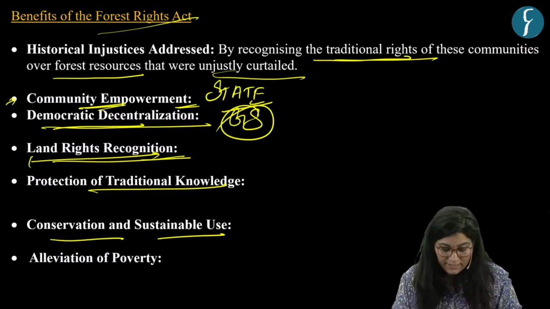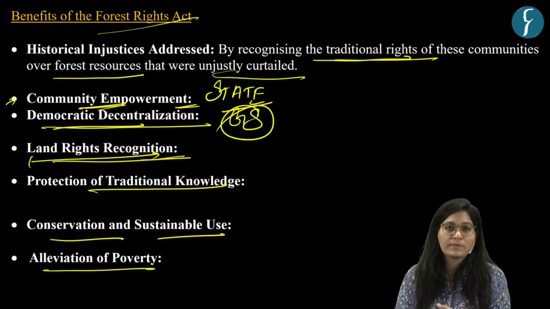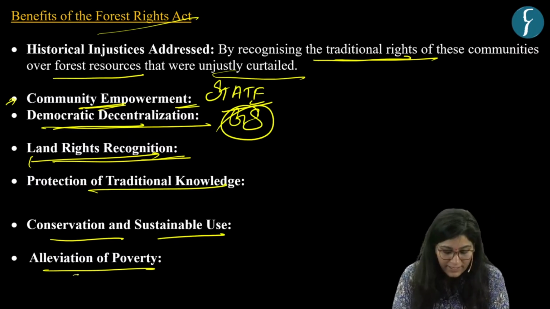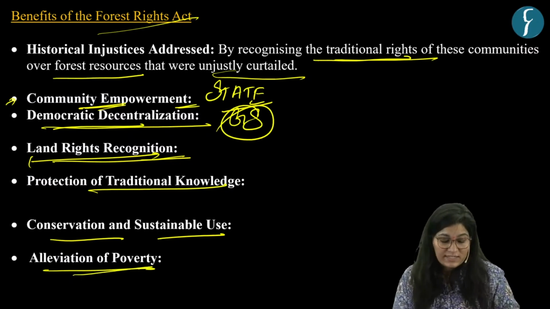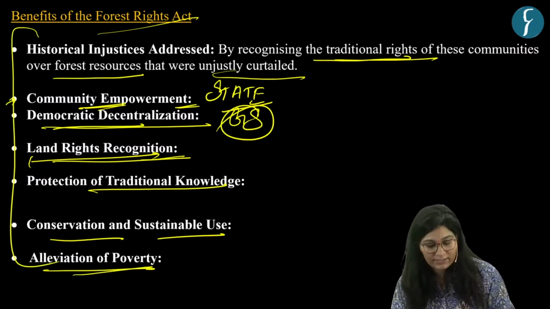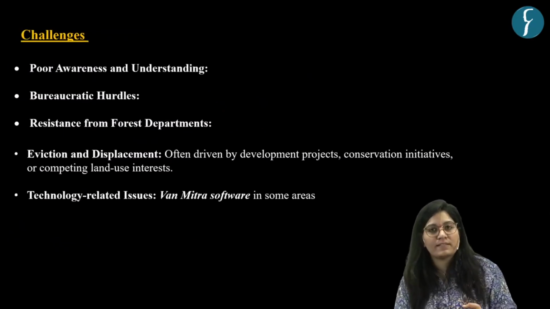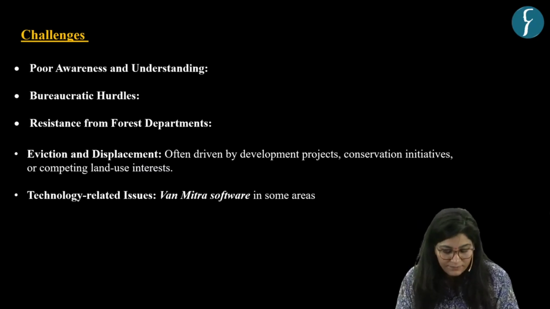Okay. Then definitely, if they can use the forest produce, they can use the forest minor produce, they can sell it, and definitely they will come out of the pool of poverty, so alleviation of poverty. So these are the important benefits with respect to Forest Right Act 2006. Now, having seen the benefits, let's discuss a few challenges.